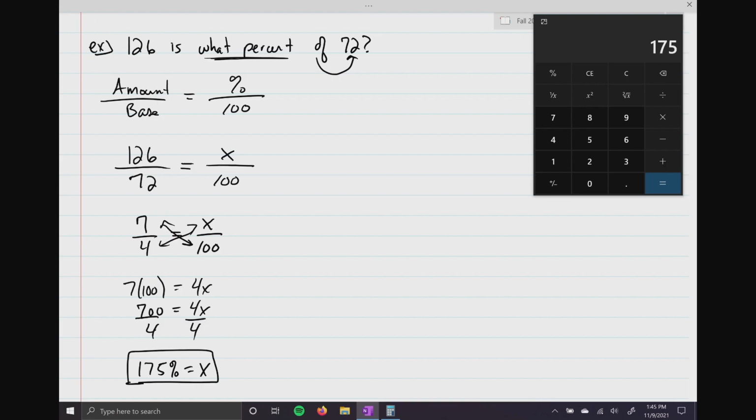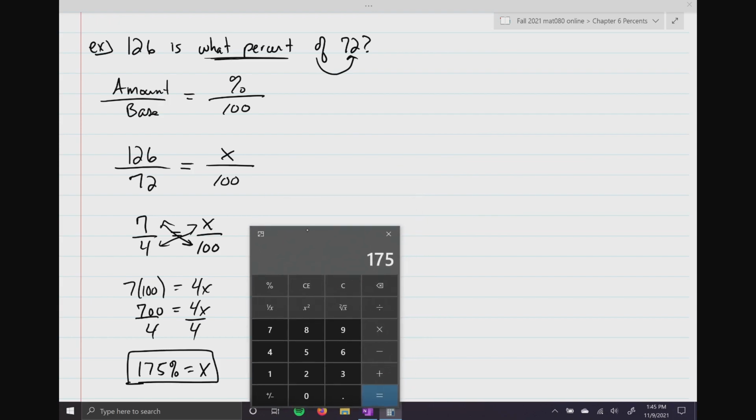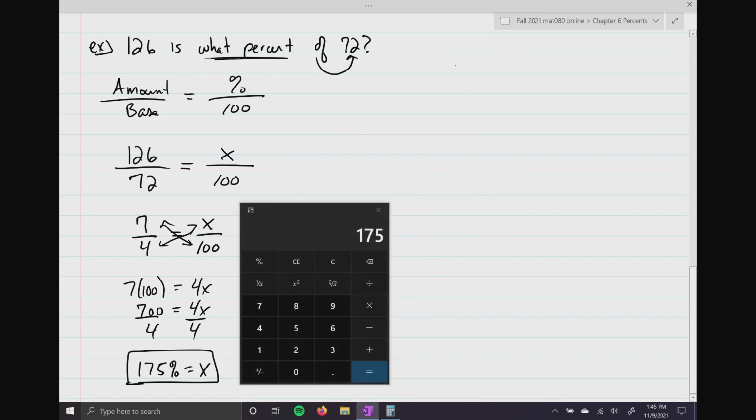Now, if we were to do this the other way, I'll put this right there, because I just want to write the problem out again. 126 is what percent of 72?